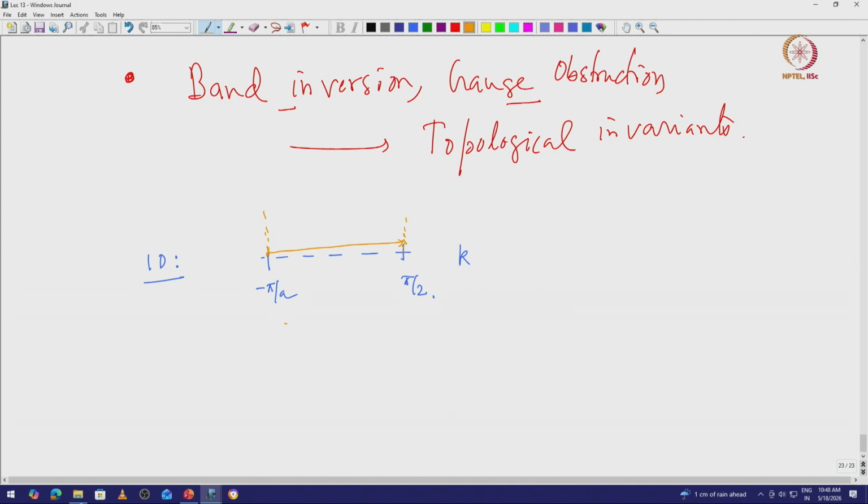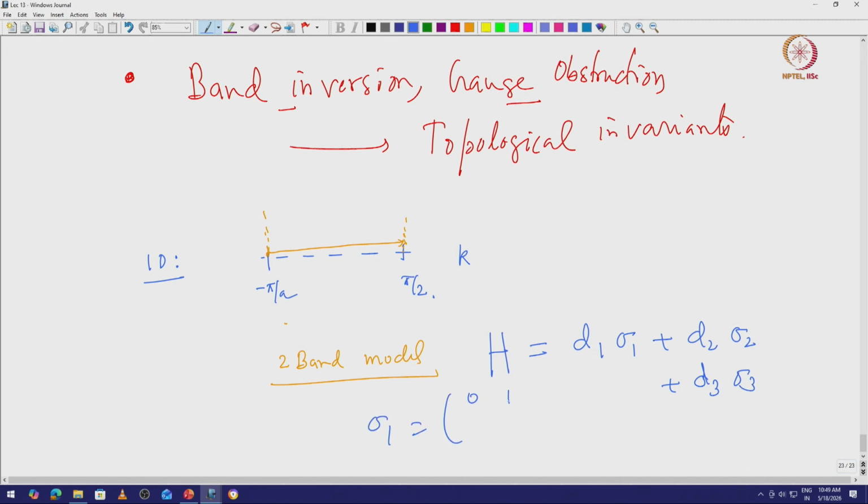So, to do that, let us take a 2D two band model. Any two band model can be written in terms of Pauli matrices, where sigma 1 is also sometimes called sigma x, and sigma 2 is 0, minus i, i, 0, also denoted by sigma y, and sigma 3 is the diagonal one with 1 and minus 1.